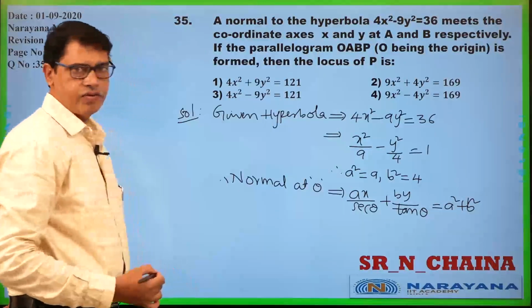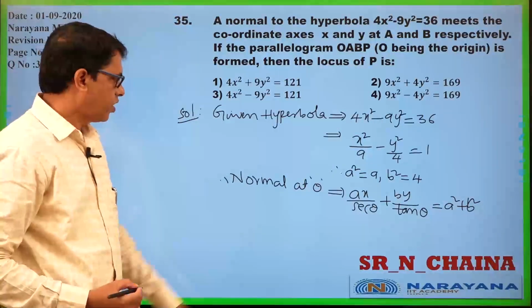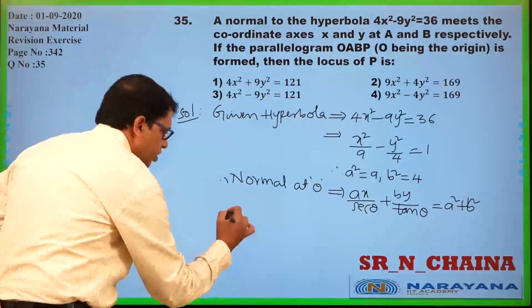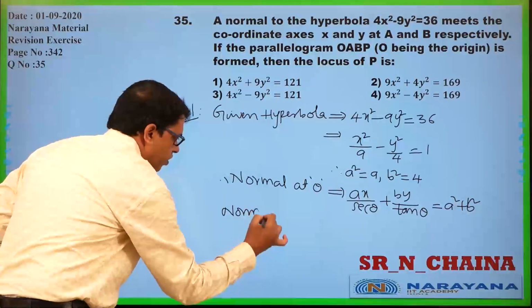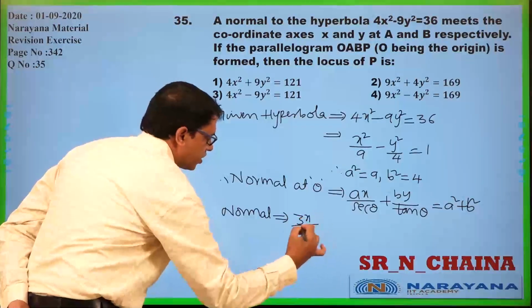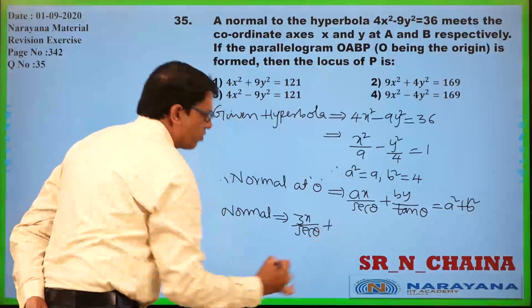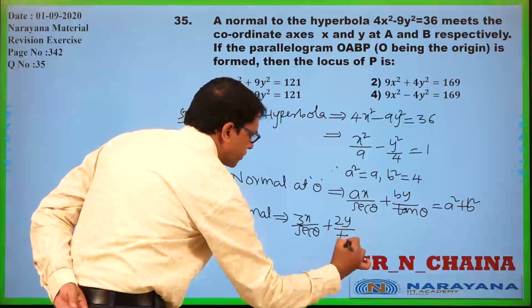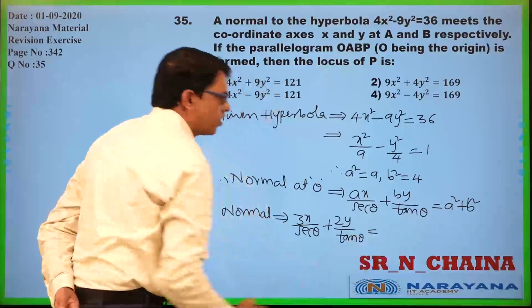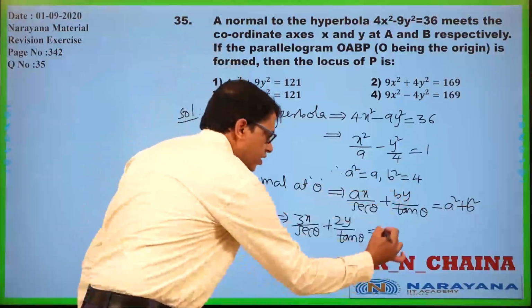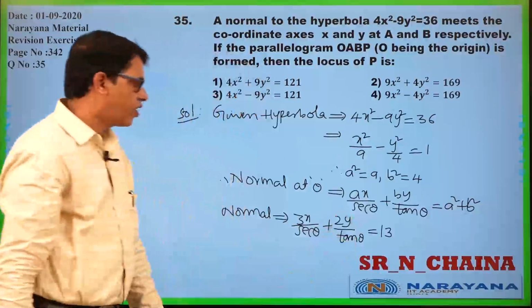Now apply the a value and b value. Here a value 3, b value 2. Therefore equation of normal implies 3x by secant theta plus 2y by tan theta equals a square plus b square, 9 plus 4, 13. Equation of normal.